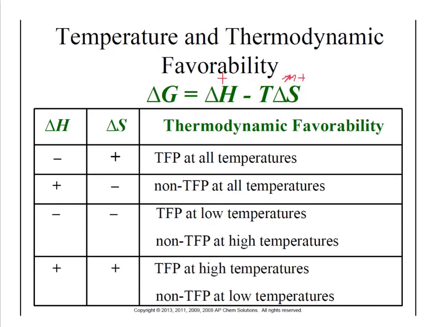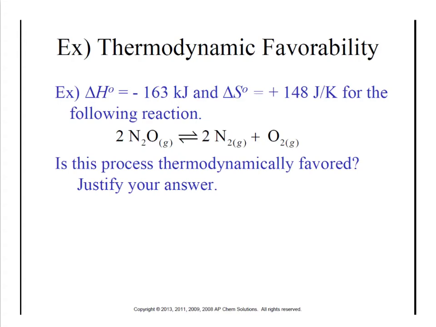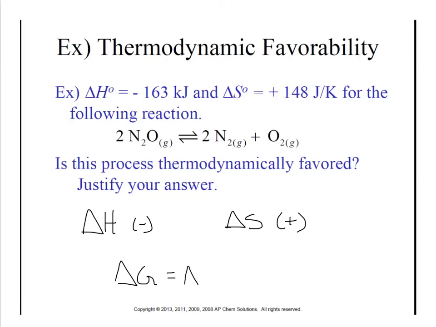So let's take a look at this example, and we're not even going to plug any numbers into this particular equation. We can just look at our values here and say, hey, our delta H is negative and our delta S is positive, and if we look at that equation, delta G equals delta H minus T delta S. Sorry, that's a really bad delta.